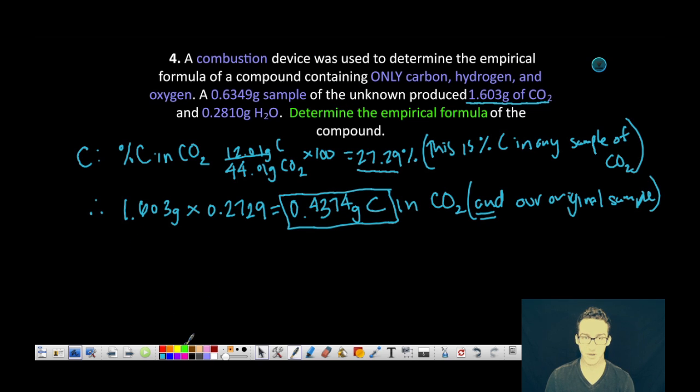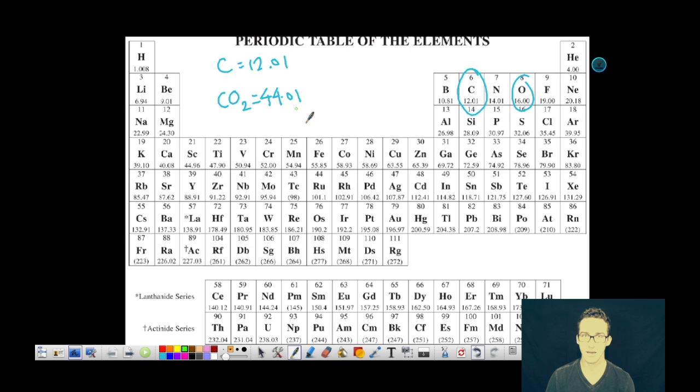We're going to do the same thing with hydrogen, except recognizing that the hydrogen is going to come from the water. So your percent hydrogen in H2O is going to be 2.016 because there's 2 hydrogens in every water. And that 18.016 is going to come from the periodic table.